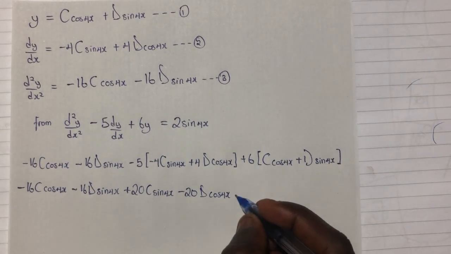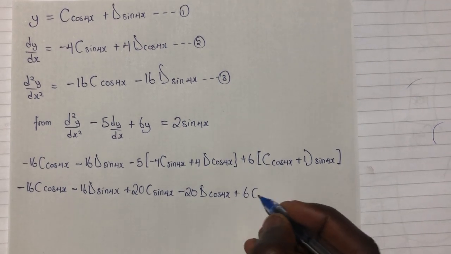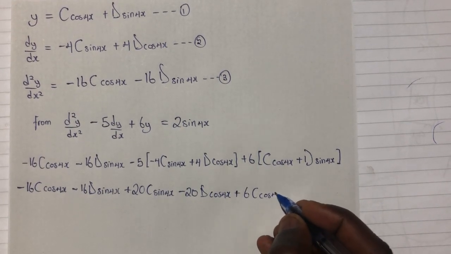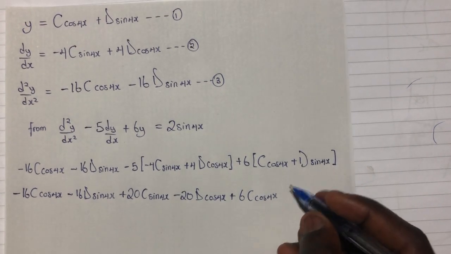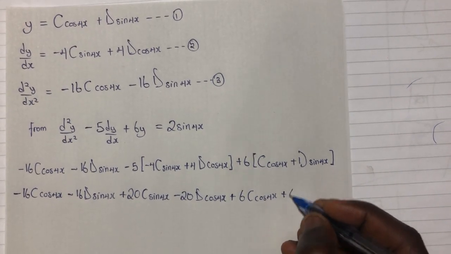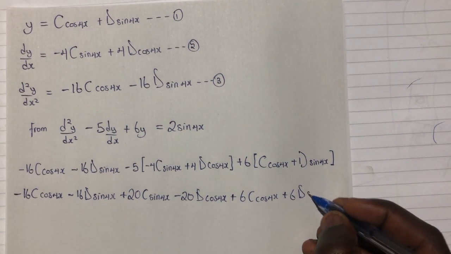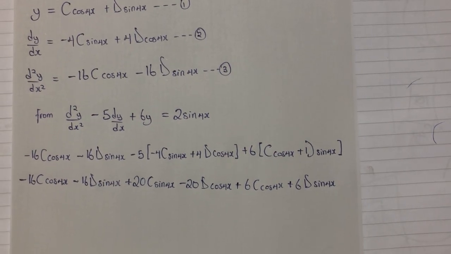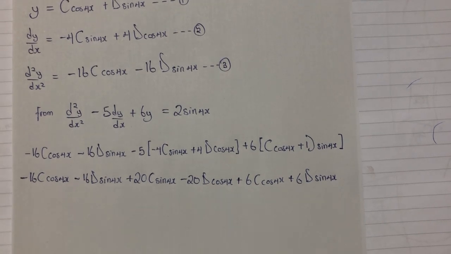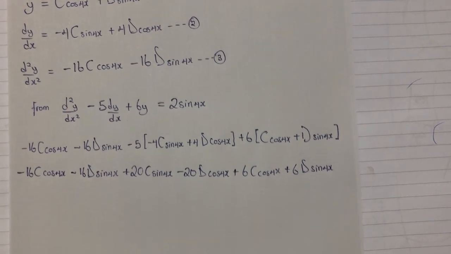Now this time this will give us plus 6c cos 4x, and then this is giving us plus 6d sine 4x. So now this is what we have. In our next step, we are about to group like terms.